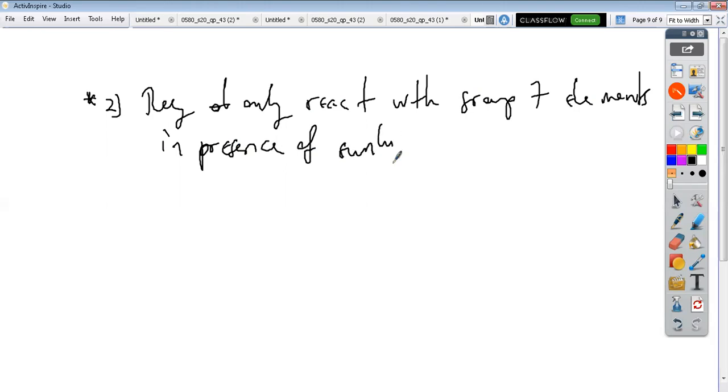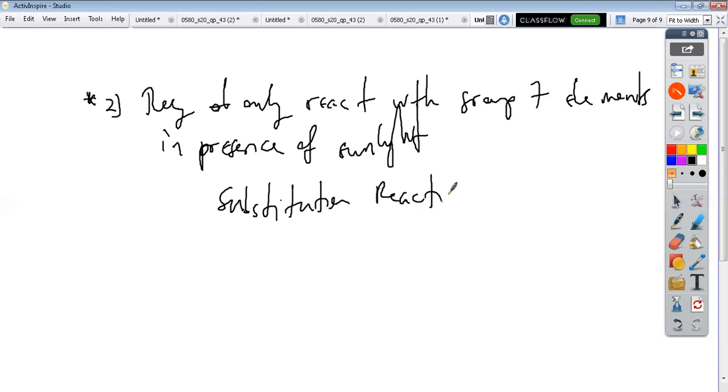And that reaction is known as a substitution reaction, because we are replacing, we are substituting something.